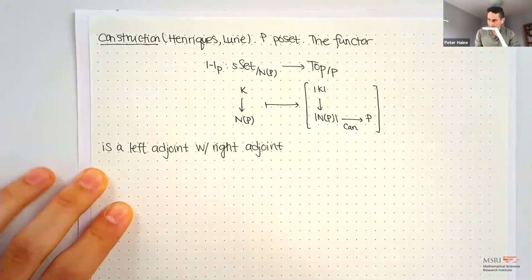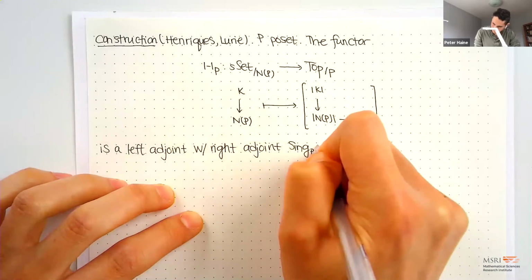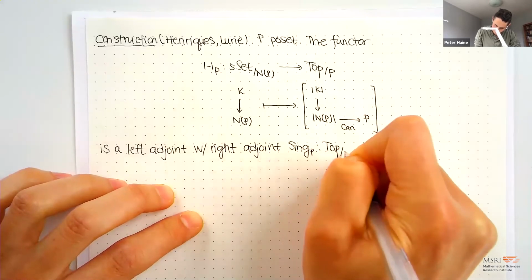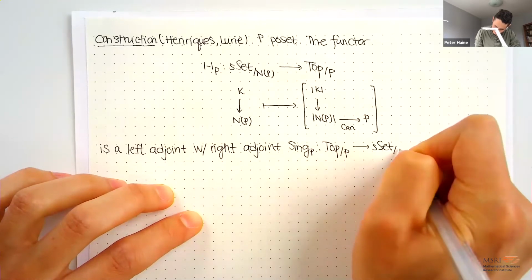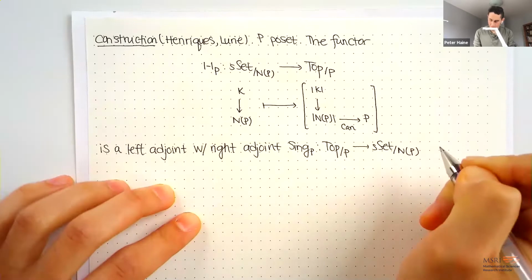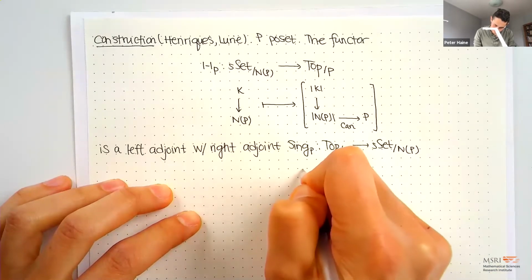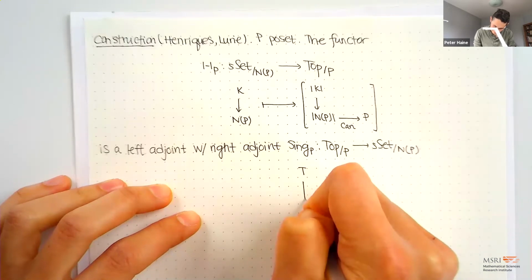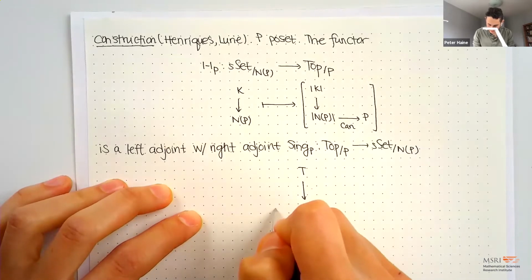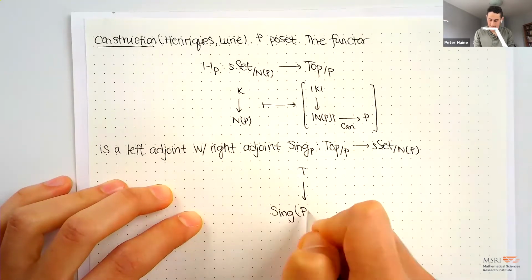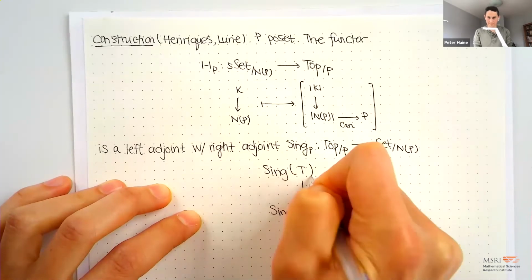We call the right adjoint sing sub P. It goes from P stratified topological spaces to simplicial sets over the nerve of P. What does it do? If you have your P stratified topological space, you can take the singular simplicial set of this and the singular simplicial set of this here.